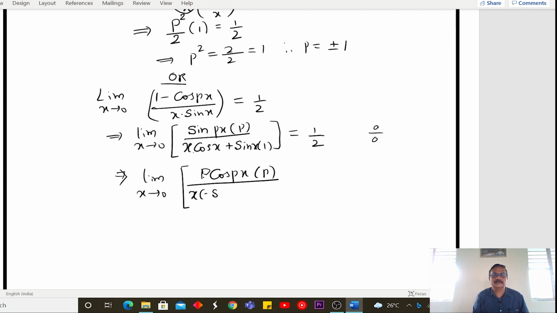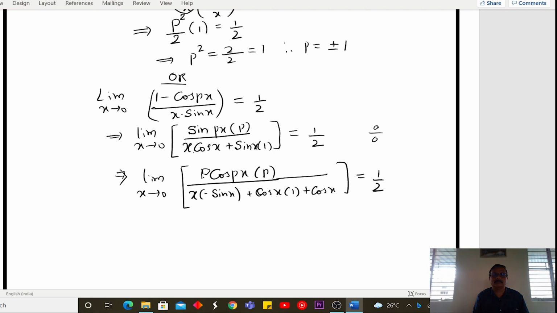First function x, derivative of cos x is minus sin x, plus second function as it is cos x into derivative of x is 1, plus derivative of sin x is cos x, is equal to 1 by 2.